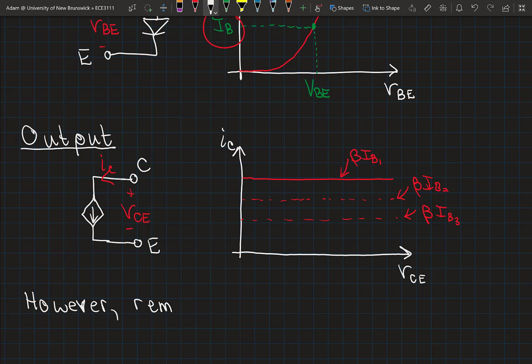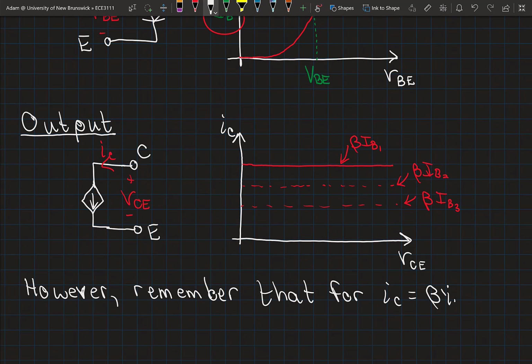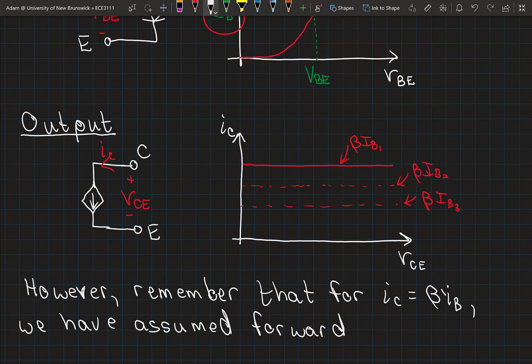However, remember that for IC to be equal to beta times IB, we have assumed forward active mode of operation, right? Those equations only apply when we're in forward active mode.